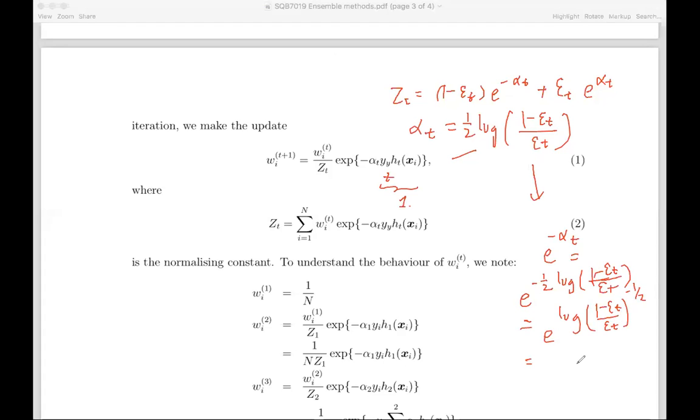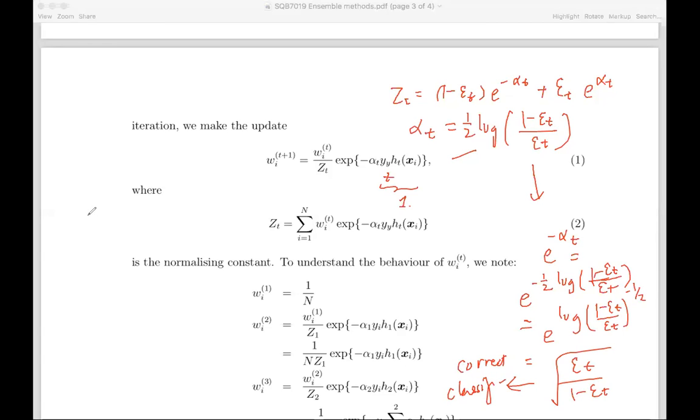So this will end up with epsilon t over 1 minus epsilon t, square root, right? This one is for correct classification.